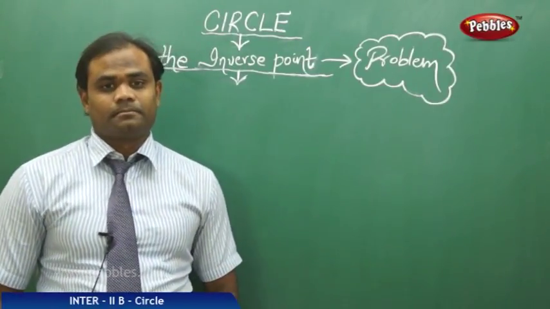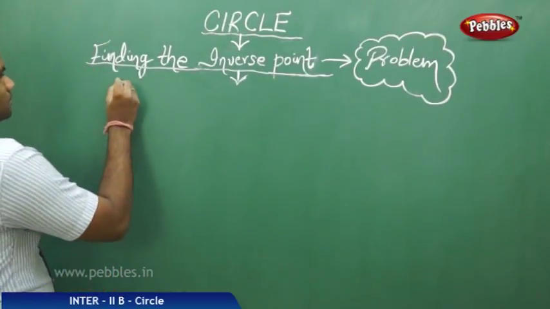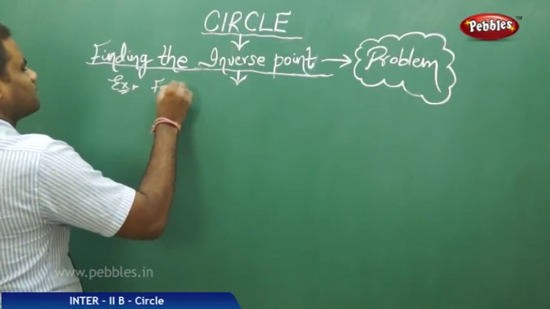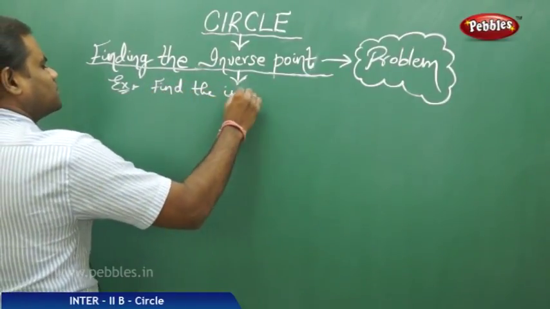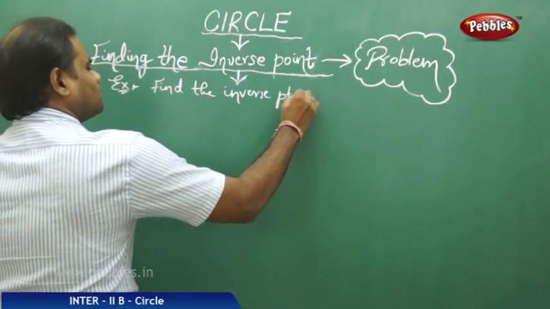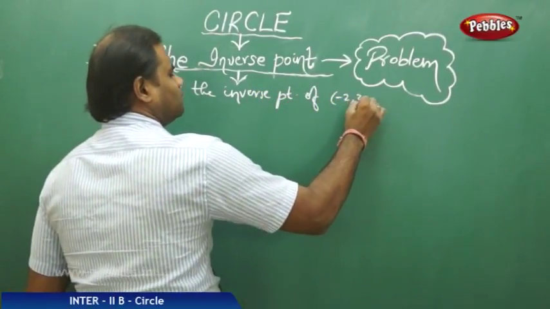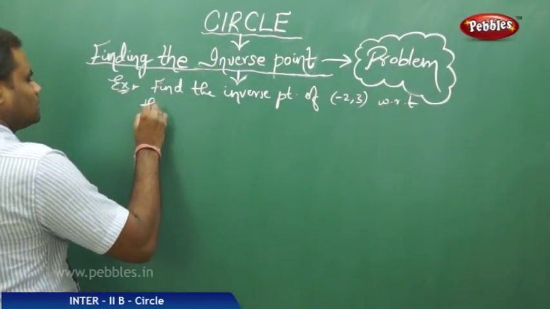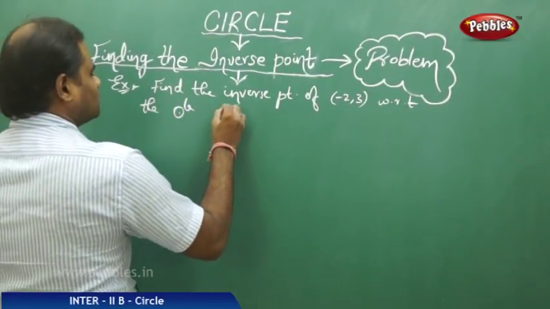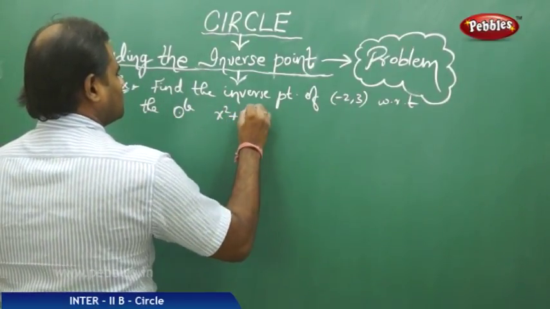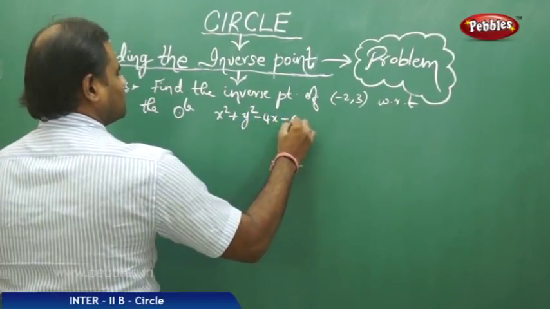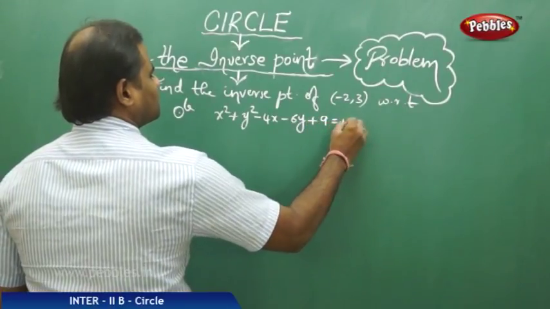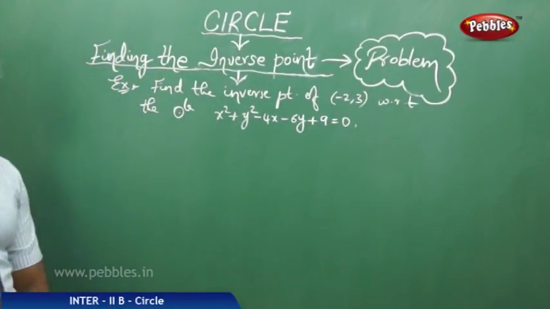So if I have a problem which says, find the inverse point of (-2, 3) with respect to the circle x square plus y square minus 4x minus 6y plus 9 equal to 0, that is the question out here.